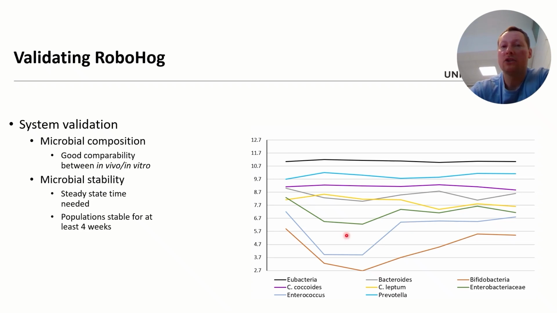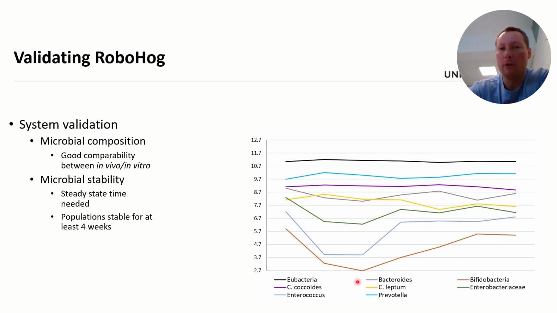So to do this, we have quantitative PCR reactions for 8 microbial species that are typically found in the porcine hindgut here. And what we noticed is that when we first start the model, we get some differences.